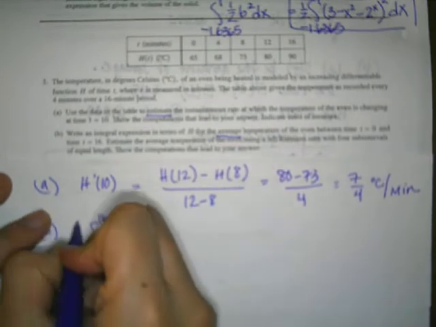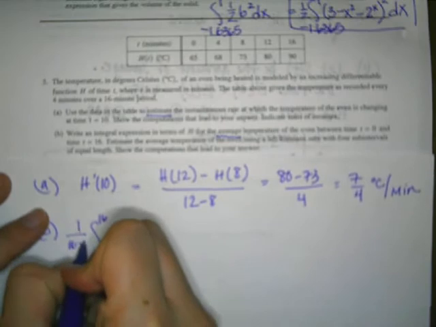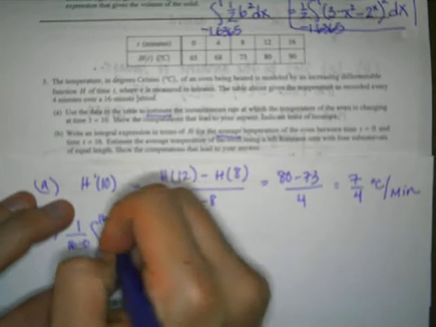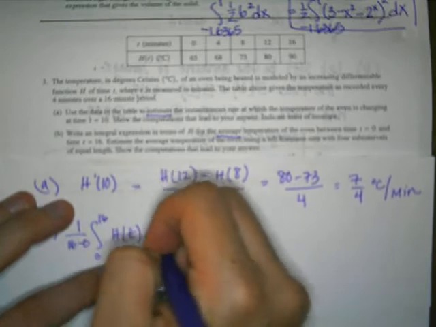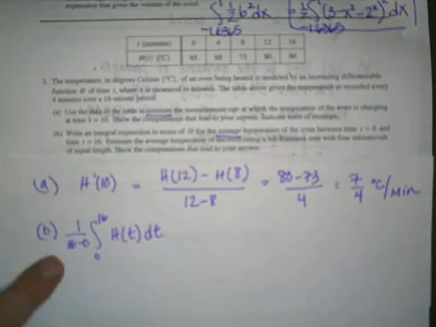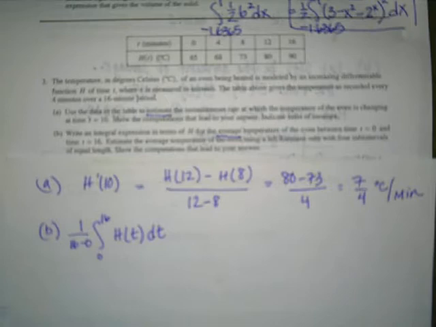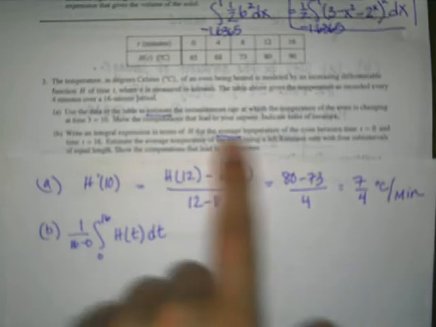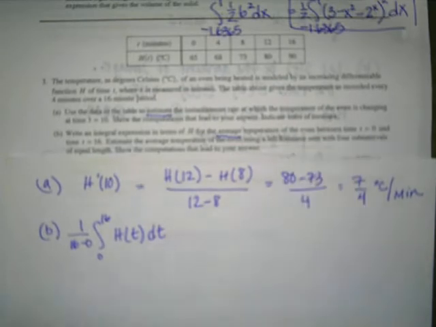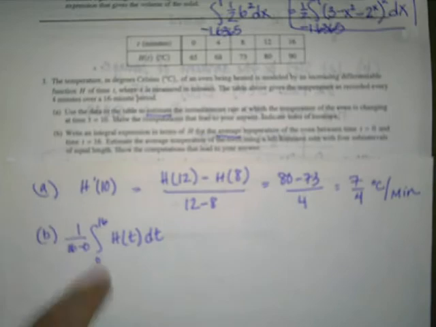So that's where you have the 1 over B minus A situation going out in front. And we don't know what h of t is, but this will calculate the average temperature of the oven between 0 and 16. So you write that. And then to approximate it, you're going to use a left Riemann sum, because remember, Riemann sums give you an estimate of the area underneath the curve, which is integration.